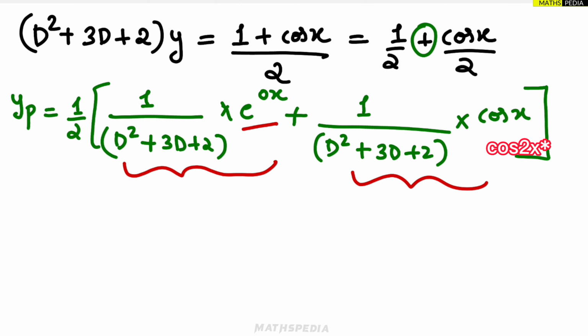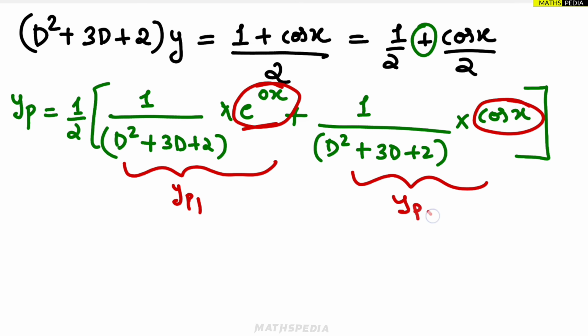Then I'll combine both, because the e power ax procedure is different, and the cos x procedure is different, right? We have already studied. So this we are considering yp1, this we are going to consider yp2, and 1 by 2 is already sitting outside, so keep it outside itself. We are only bothered about yp1 and yp2. Combine both, then multiply by 1 by 2, you will get yp. You're getting yp, not the y solution.